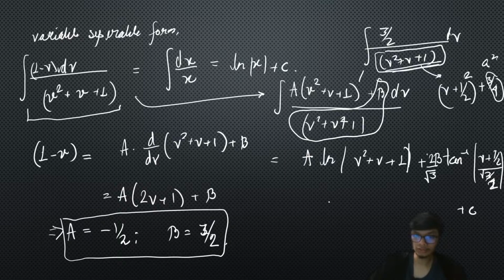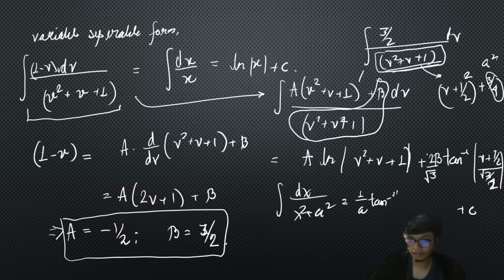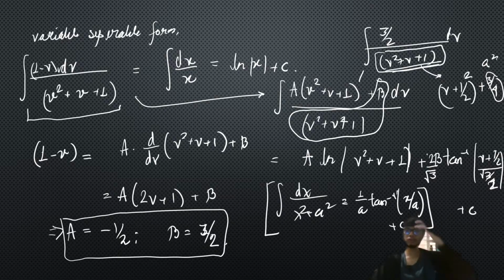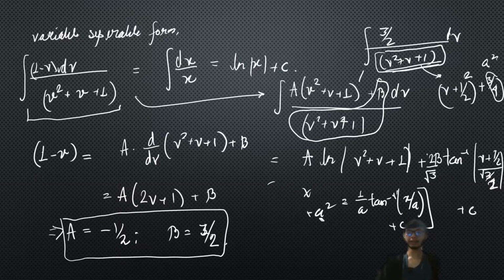Because we know that integration of dx upon x square plus a square is simply equal to 1 upon a tan inverse of x upon a plus some constant c. If you use this formula, then we will get the solution of this particular form.